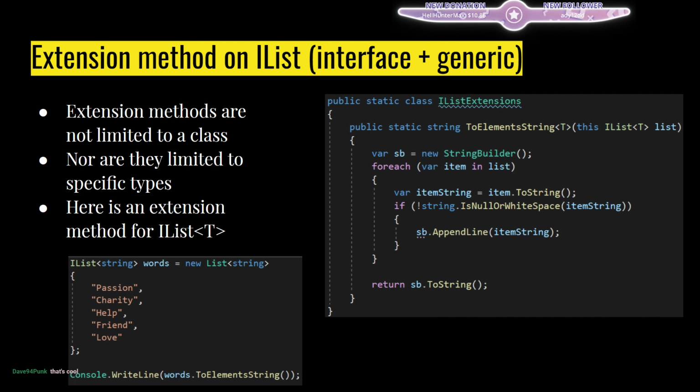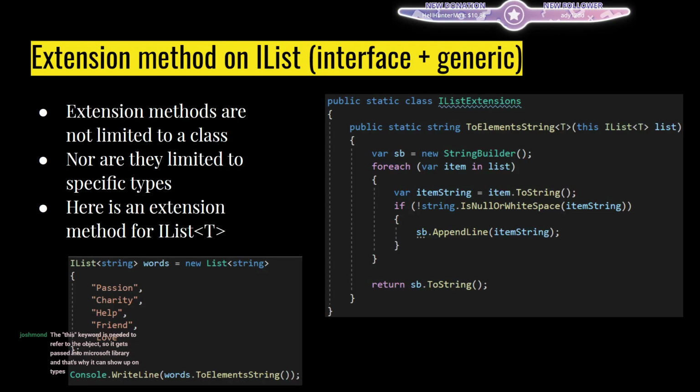For example, if I have a list of people, you know that there are different kinds of lists. There is a read-only list, there is a list, there is a blocking list, and so on. So if I want to generalize that, I could write an extension method for IList, and then all the different lists will now support my method.